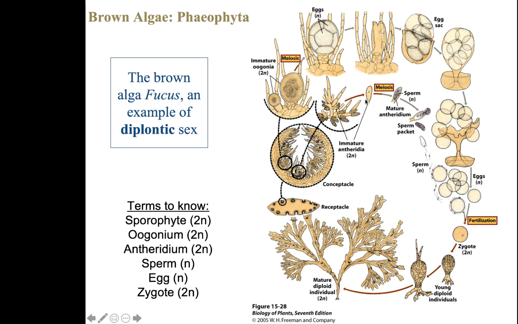So the oogonium and the antheridium will undergo meiosis to produce egg and sperm, respectively. And then you've just got the egg stage and the sperm stage that do not undergo mitosis or anything. They just fertilize and form a zygote. That's because it's diplontic.